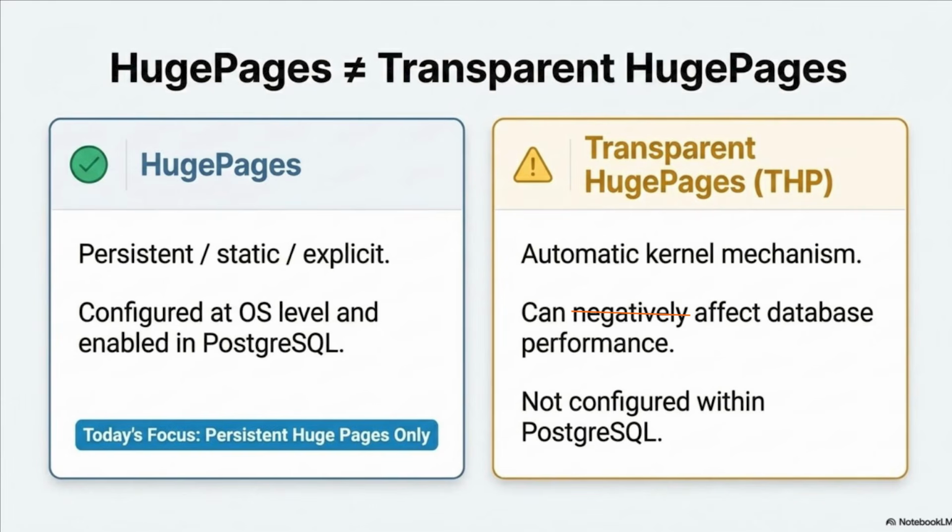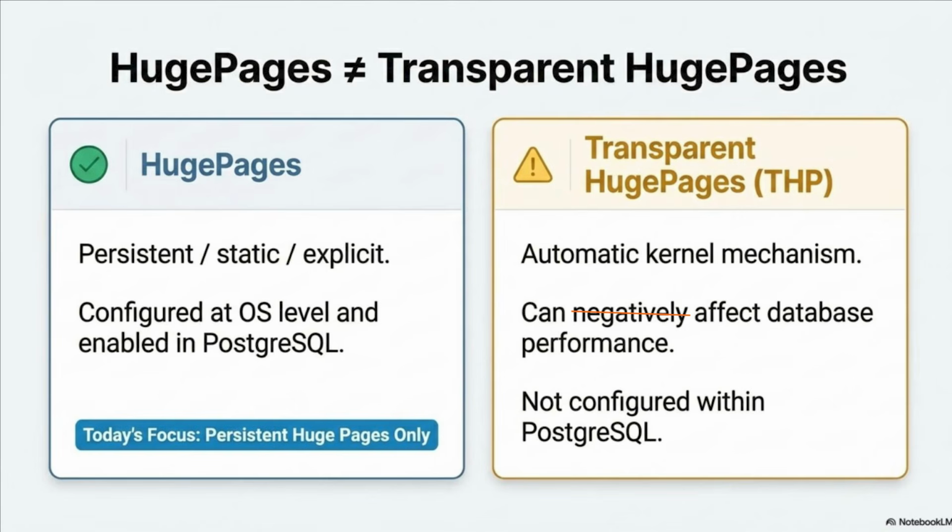benefit from enabling HugePages. When I talk about HugePages, which is very important, I mean persistent, static, or explicit HugePages. These are configured at the operating system level and then enabled in Postgres and used by Postgres for shared memory. Transparent HugePages, or THP, the second kind of HugePages, are a totally different beast. Okay?